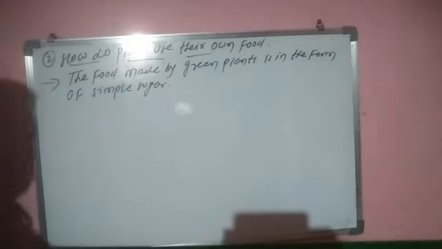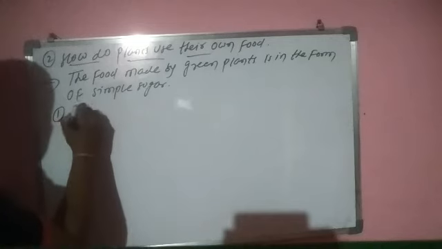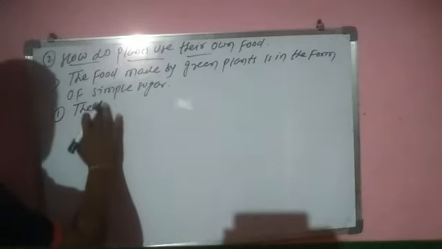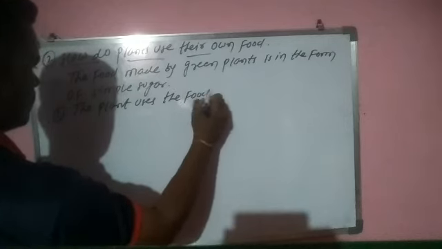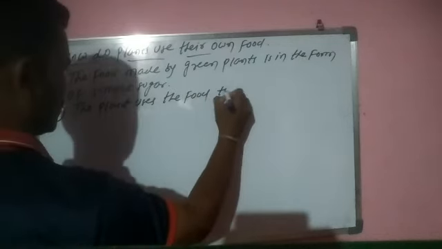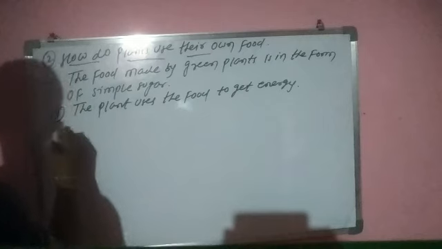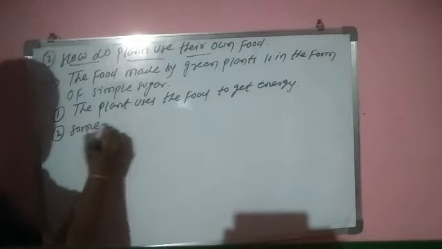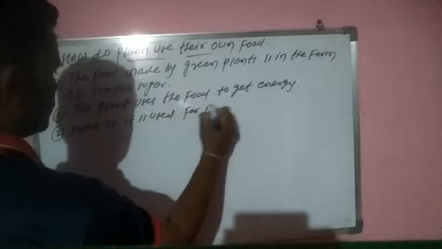First one: the plant uses the food to get energy. Some of it is used for its own growth.